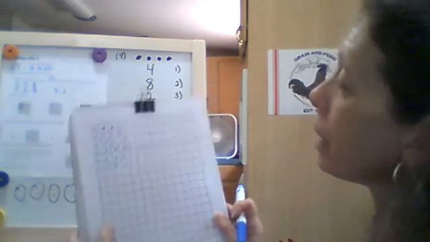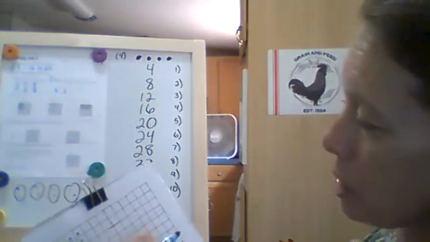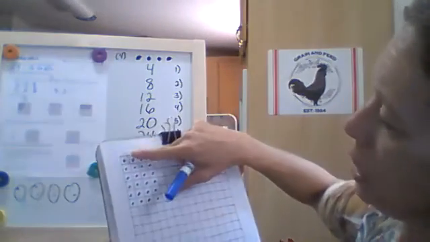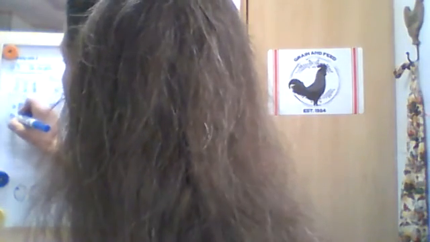So here's what my array looks like. And it looks like I've got a number right up top here. And that number is 1, 2, 3, 4. So 4 goes up there. And then my side label is going to be 1, 2, 3, 4, 5, 6. So I can say 4 times 6 equals what?